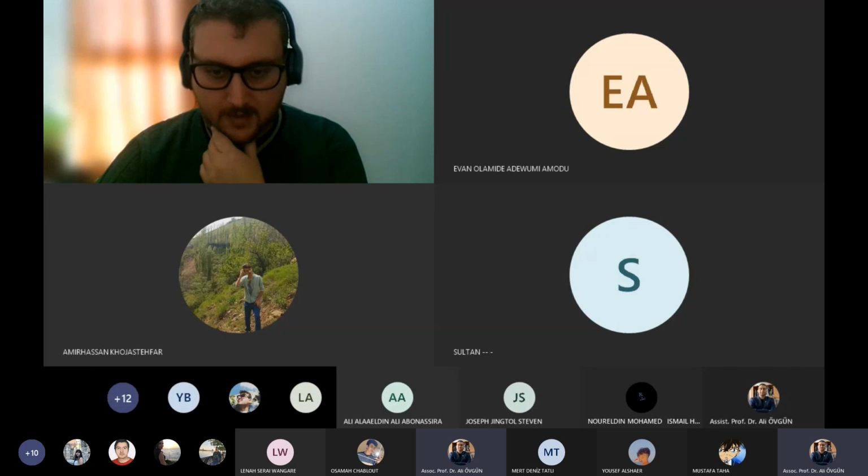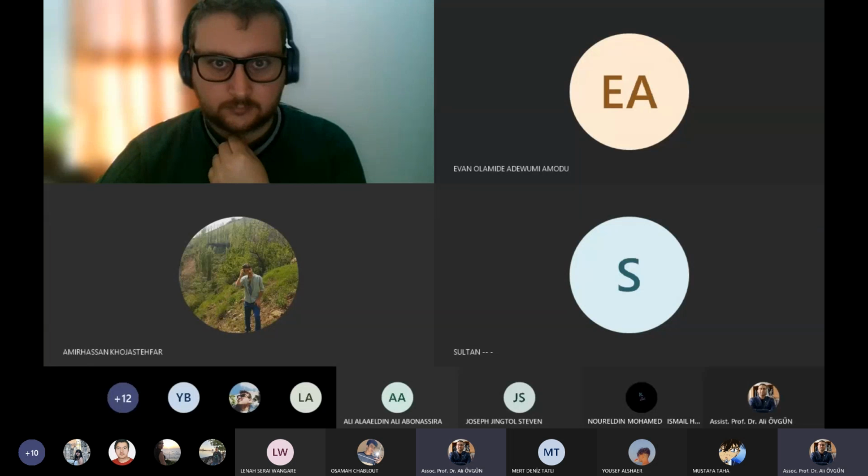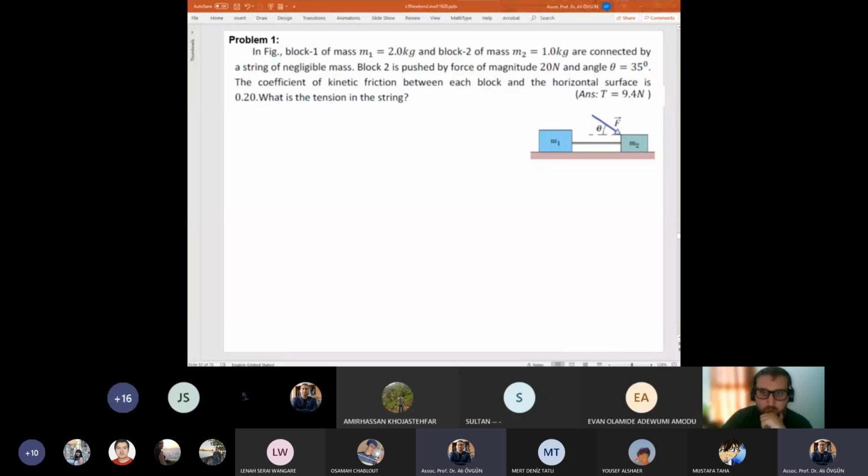Let's look at the next example. Next one is this one. In this example, there are two masses, M1 and M2.